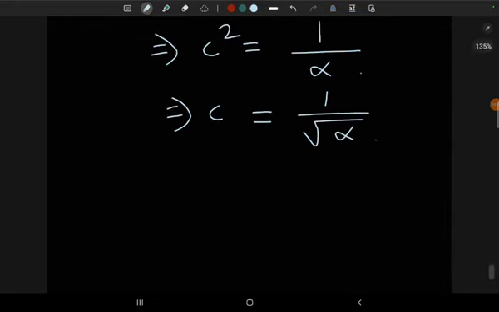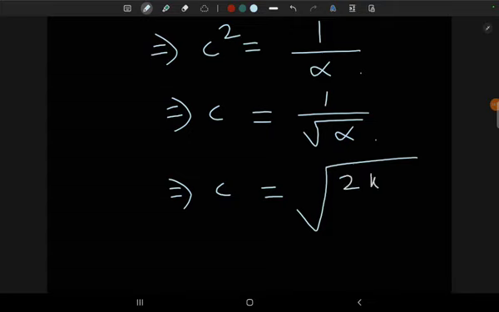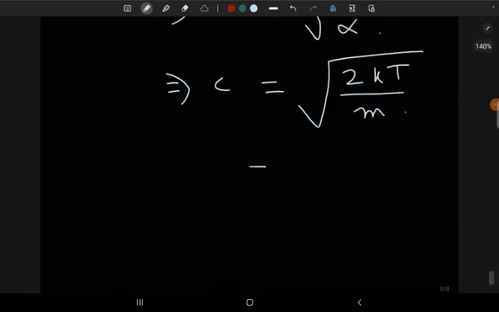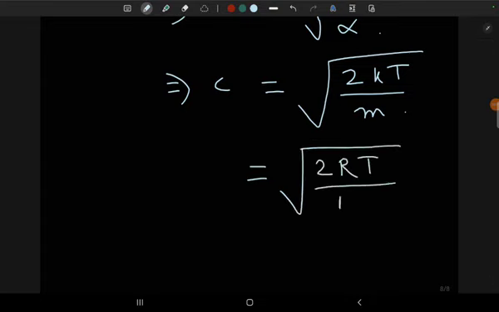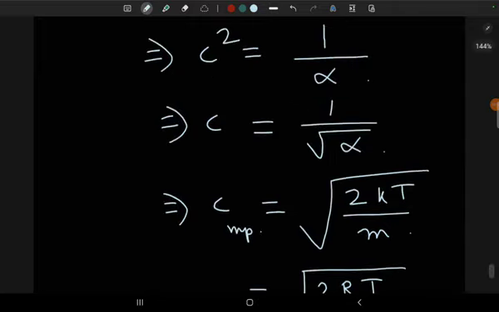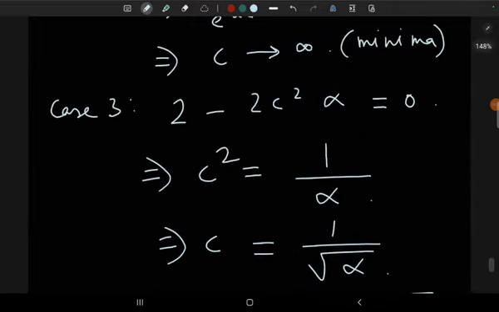This should be 1 by root α. Putting the value of α, we get root kT by m, and again making a substitution, this should be root 2RT by m. This is actually our most probable speed.